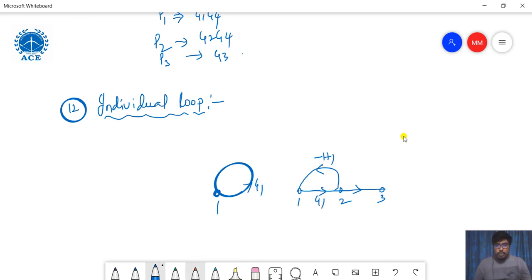Now see, this is a loop from node 1 to node 2. A path or a branch starts at node 1, moves to node 2 and returns to, or ends at, node 1 again. So this is nothing but an individual loop. An individual loop is generally called a self loop, simply.